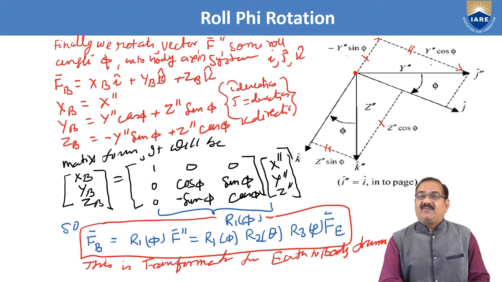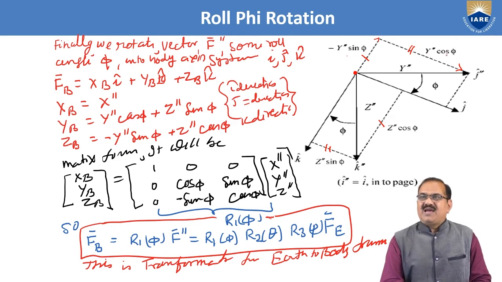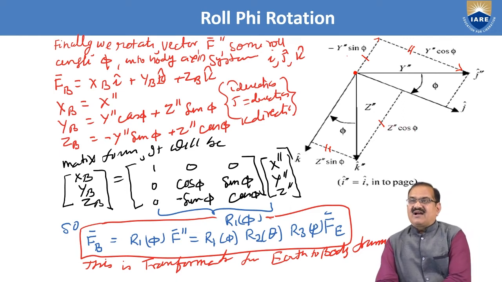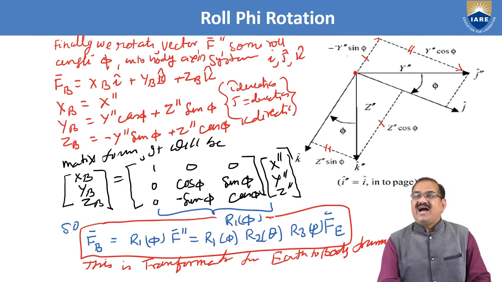It is y double prime cos phi plus z double prime sin phi. I have given this mark, this will be added. So yb is equal to the summation of y double prime cos phi plus z double prime sin phi. Now, if you see this, here we have z double prime cos phi, and here a minus y double prime sin phi. So zb is minus y double prime sin phi plus z double prime cos phi.